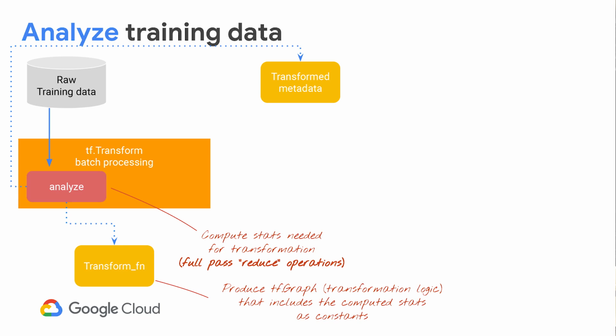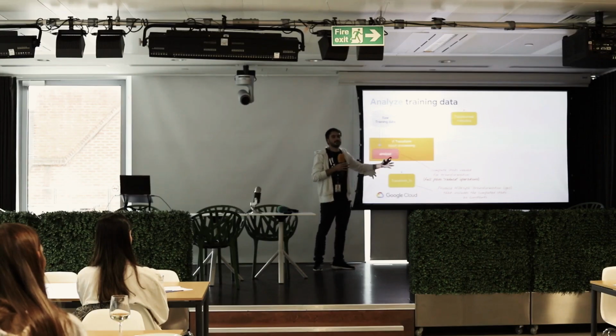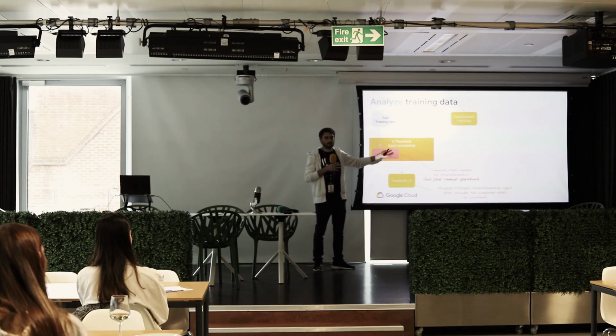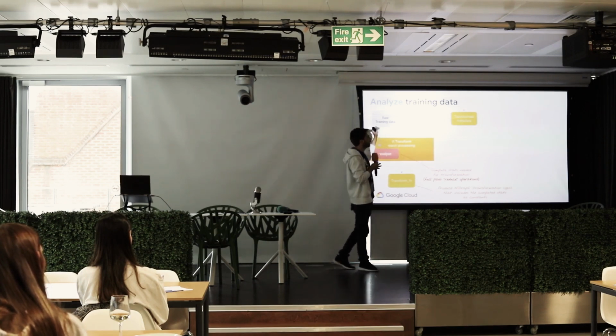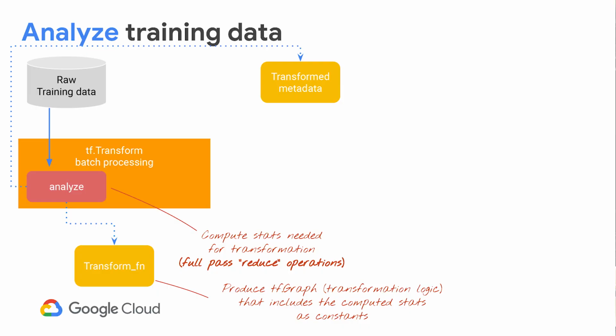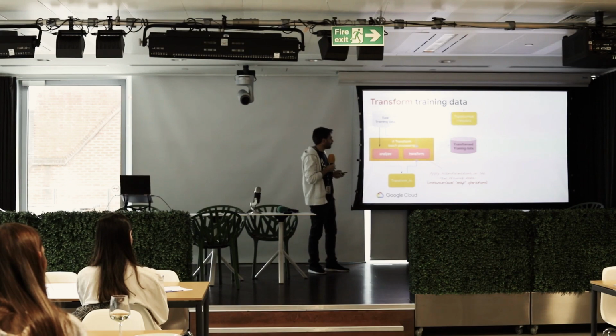And then you generate the transformation function, which is basically a TensorFlow graph that describes what transformation should be applied to the data. So it's like a definition and also has values like the mean of a feature and standard deviation and so on. You also create some metadata that you can use later on. It makes your life easier when you create feature columns on TensorFlow.